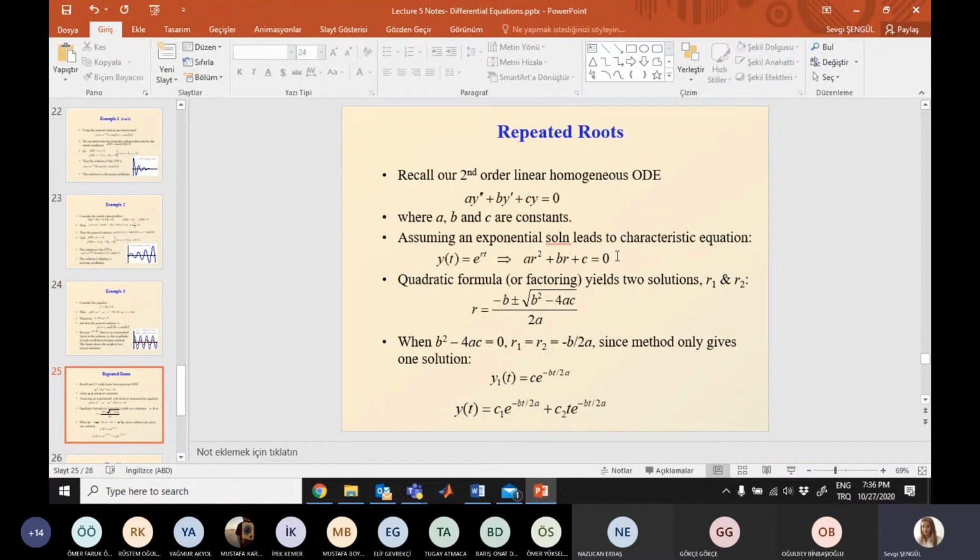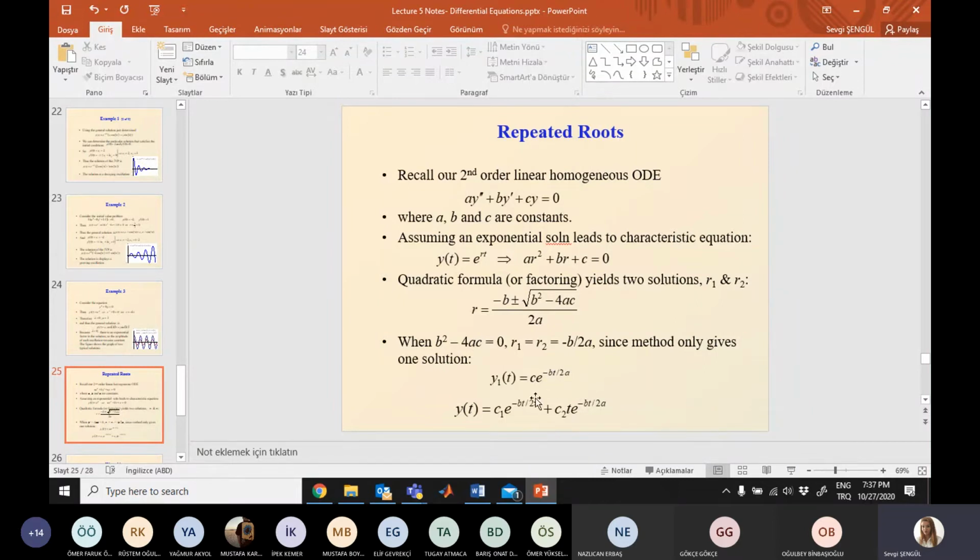Again, we are writing the characteristic equation. We are finding the roots, and now we see that we have two roots but the same. Once b squared minus 4ac is 0, you will see that r1 and r2 are equal to each other, and it's minus b over 2a. And now you can write one solution, e to the minus bt over 2a.